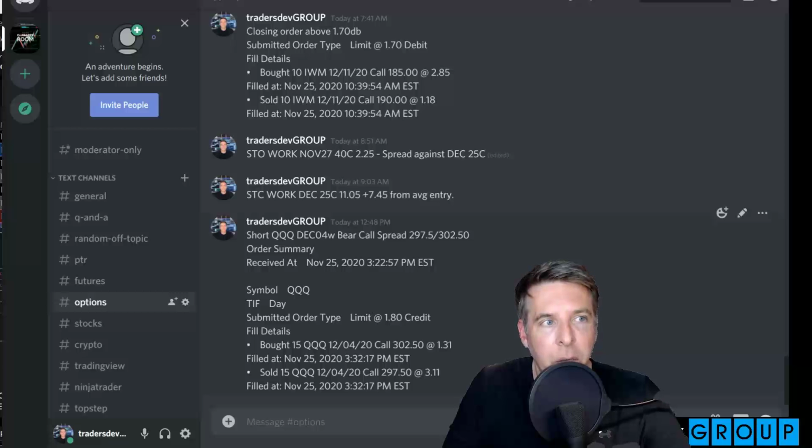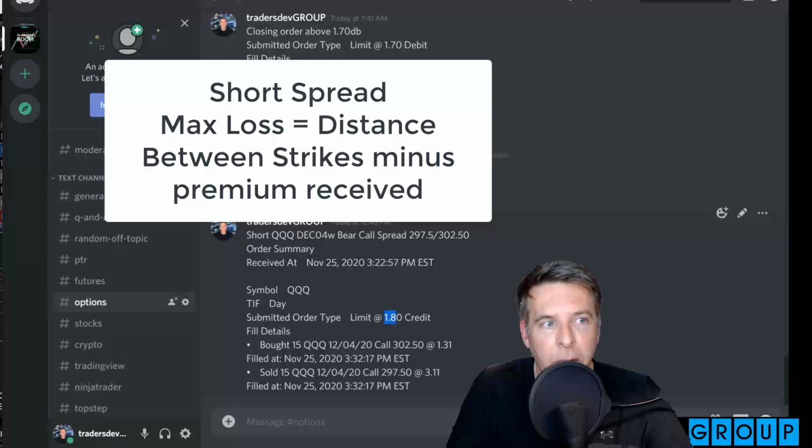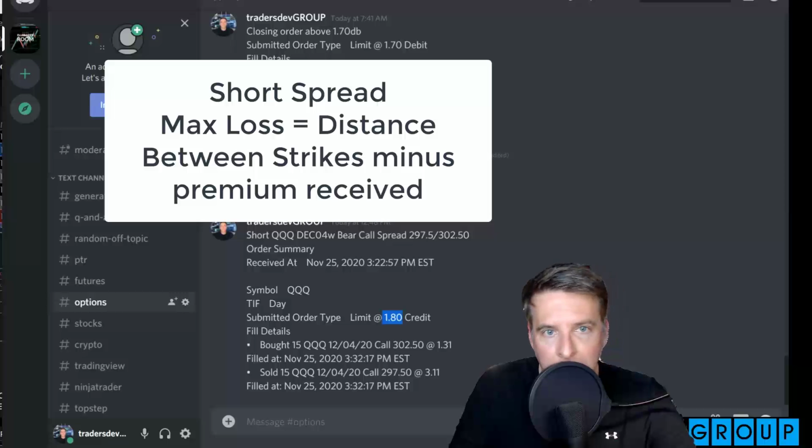So it is a QQQ bear call spread. It's a 297.5/302.5, okay, that's a $5 wide strike, and the theoretical max loss is the difference between the distance between the strikes and the credit we bring in. So it's a $1.80 credit, so your theoretical max loss would be $3.20. Let me bring up the calculator.